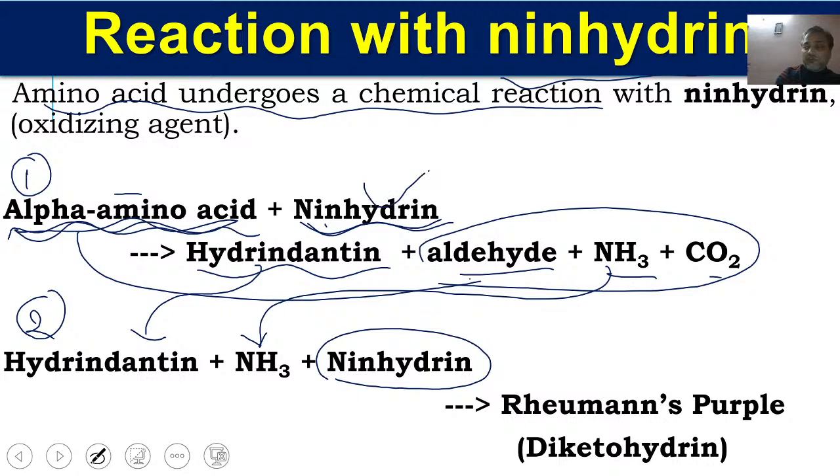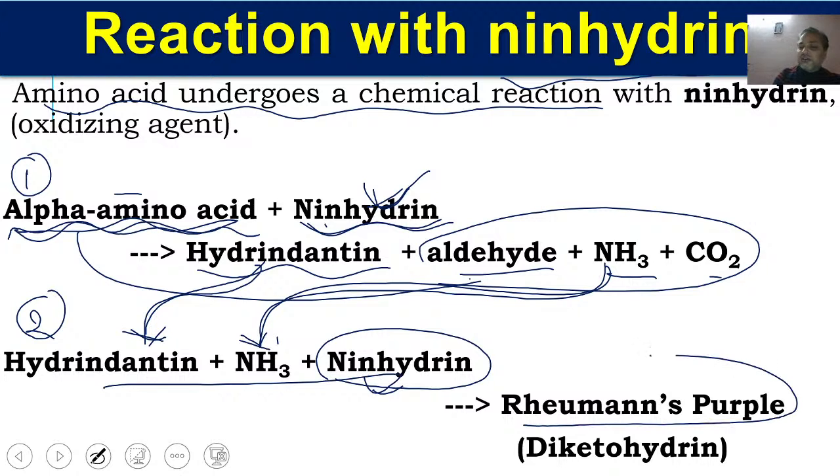The first molecule of ninhydrin has been used here, and this is a fresh second molecule. Hydrindantin and ammonia from the first reaction, and fresh ninhydrin, react and give you a colored compound called Ruhemann's purple, a diketohydrindylidene-diketohydrindamine. It will give you pink, purple or blue color depending on the concentration. I am coming there.